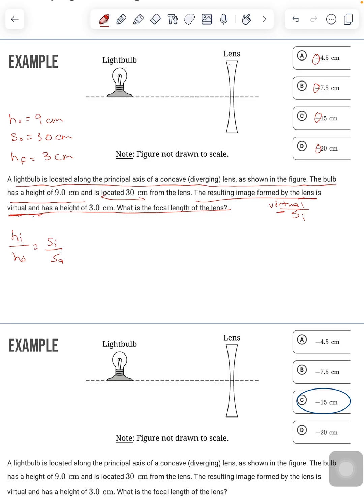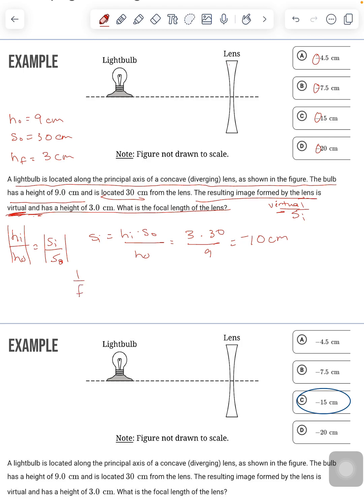This equation only gives us absolute value, so we have to decide based on the fact that it's virtual that SI is negative. So SI equals HI times SO over HO, and I have 3 times 30 divided by 9. The centimeters cancel out, and it will be 10 centimeters, but negative.